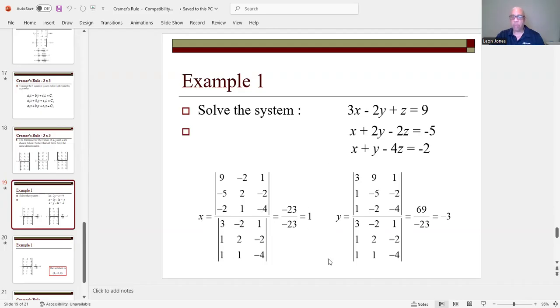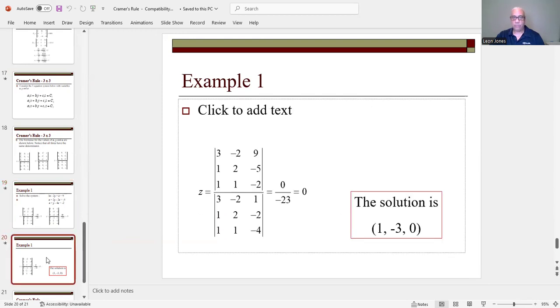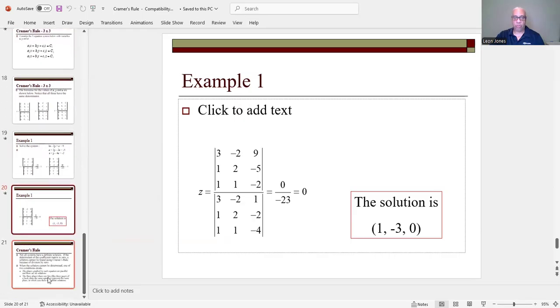And I do the same thing down here. That's how we'll come up with the 23. And these are your solutions.